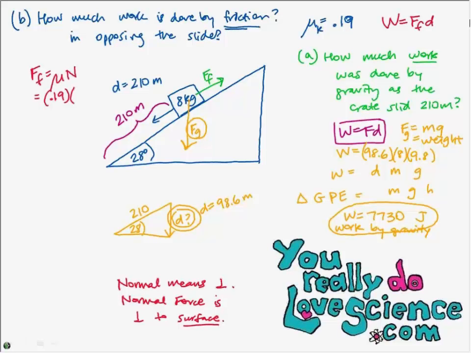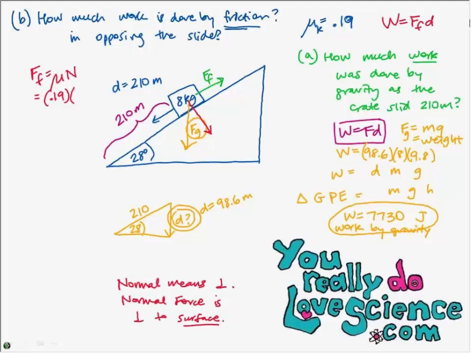So check this out. Look at the 8-kilogram block. The normal force is going to be pushing on the surface, because you can imagine that the block is pushing on the surface a little bit, and it's also wanting to slide down the surface. The weight, the orange vector, FG, is made up of two components.